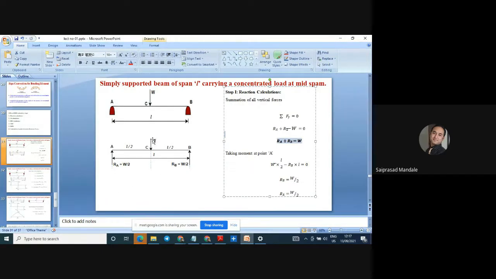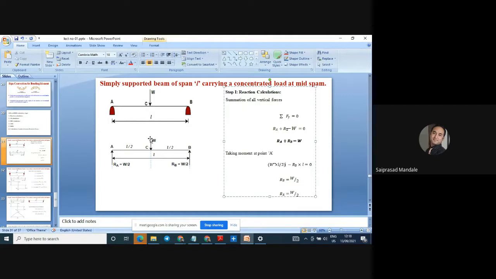About A, the load W and the distance between A and C is L by 2, so W into L by 2. It is a clockwise moment.